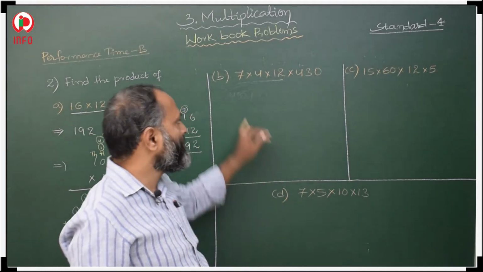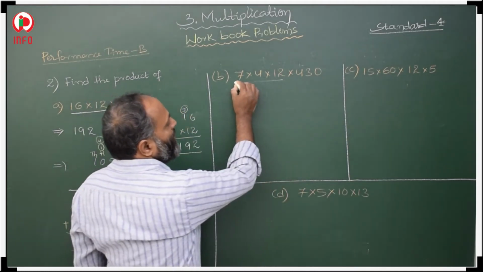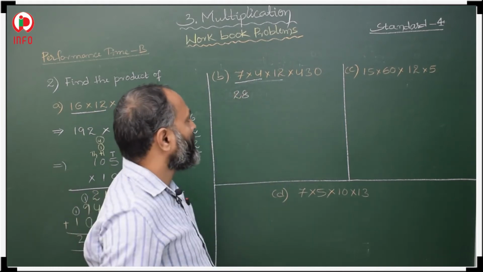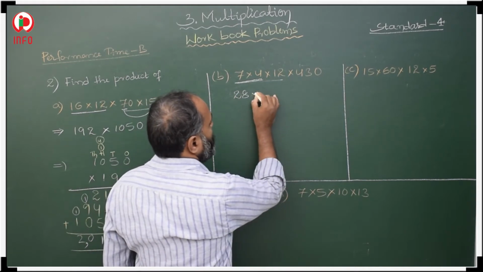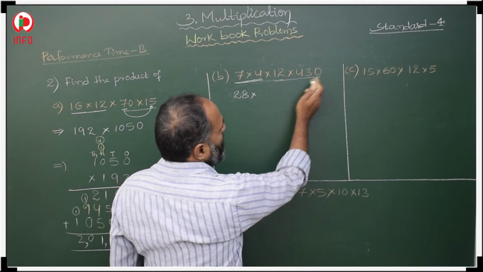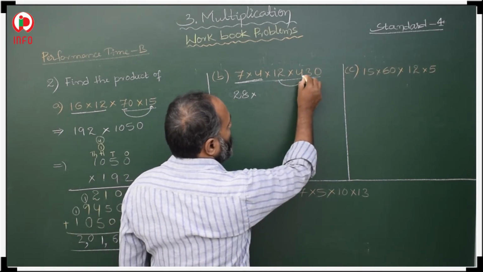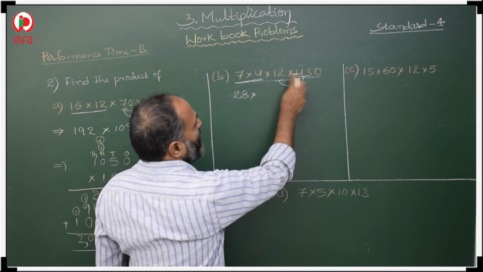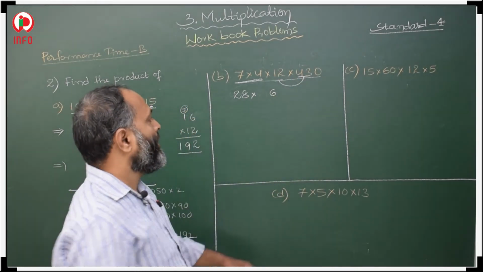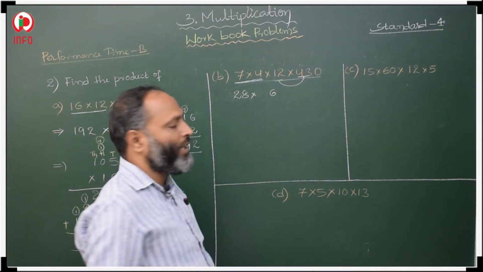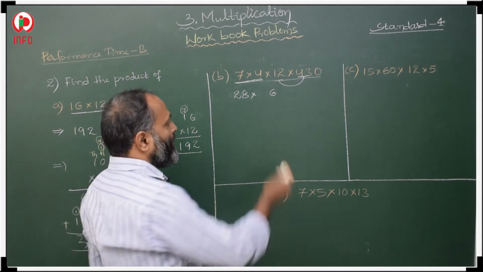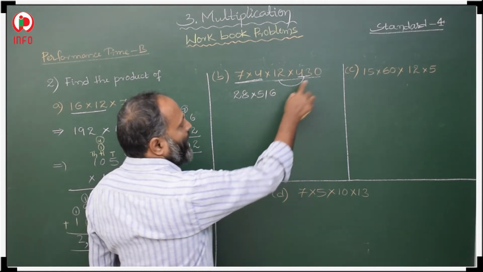So first you multiply 7 4s are 28. These two products are over. Now you have to multiply these two. How? Leave this 12 with 43, 12 with only this 43. 12 3s are 36 and 3 carry over. 12 4s are 48, 49, 50, 51. 51 will come and 1 zero is left.